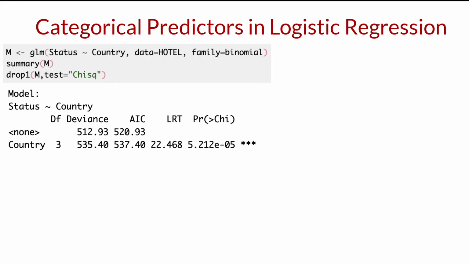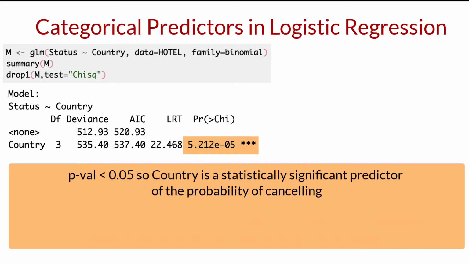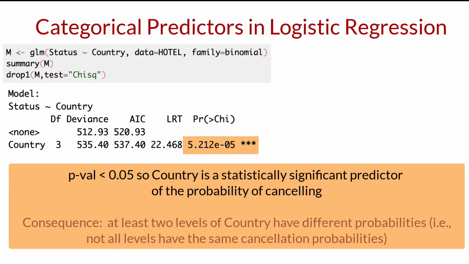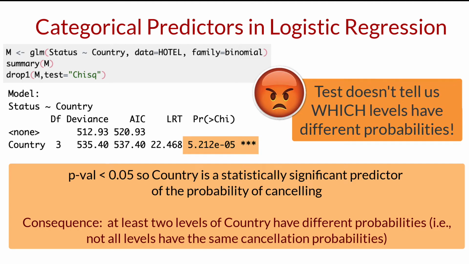So we see that the p-value of country is less than 0.05, so yes, country is a statistically significant predictor of the cancellation rate, and the implication of that is that there's some difference in cancellation rates across the 4 levels of country. Now, the test doesn't tell us which countries are different, but it does at least let us know that they're not all the same.